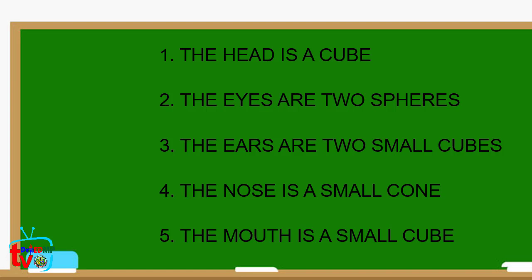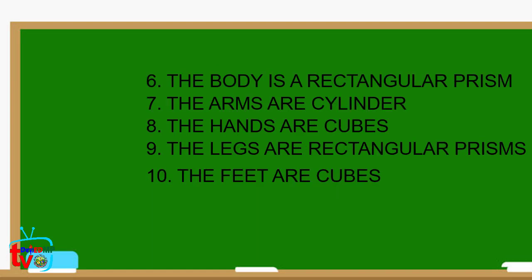The mouth is a small cube. Then, number 6. The body is a rectangular prism. Done with the body? Number 7. The arms are cylinder.